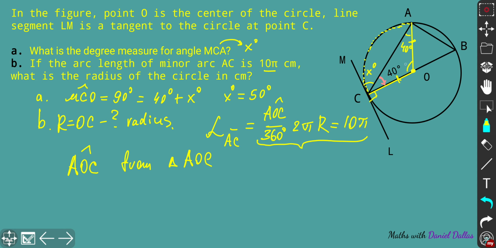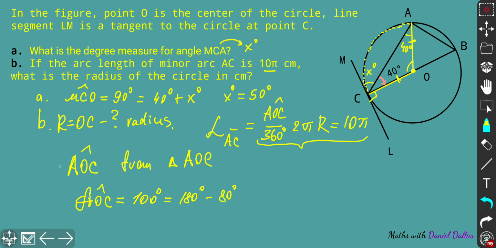So the remaining angle is 180 minus 80, which is 100. So we can easily figure out the angle AOC as 100, because it's 180 minus double the angle of 40, which is 80. Okay, so that works pretty fast, and we can plug in.